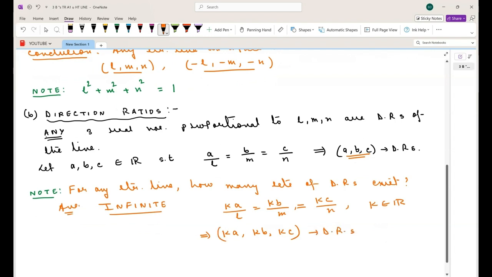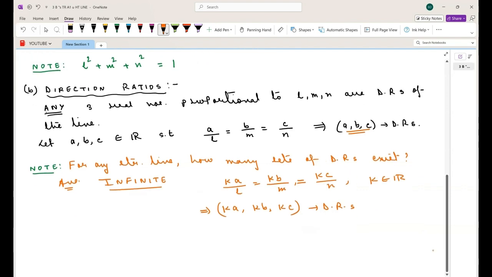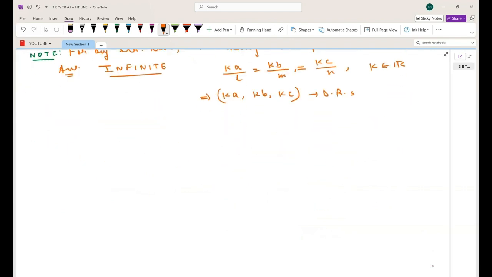And since K is any real number, the number of sets of DRs will be infinite. So this is the definition and property of direction cosines and direction ratios of a straight line in 3D space.